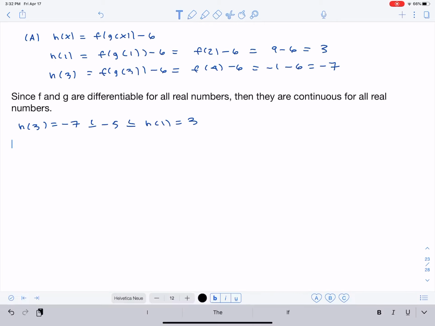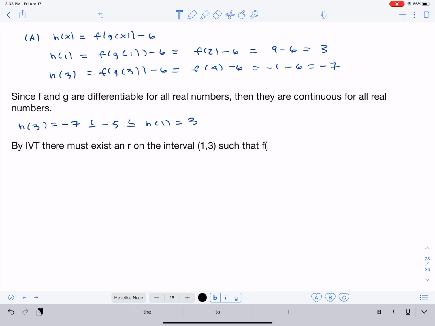Because I've established everything I need for the intermediate value theorem, now I can say, by IVT, I've established that I can use IVT.